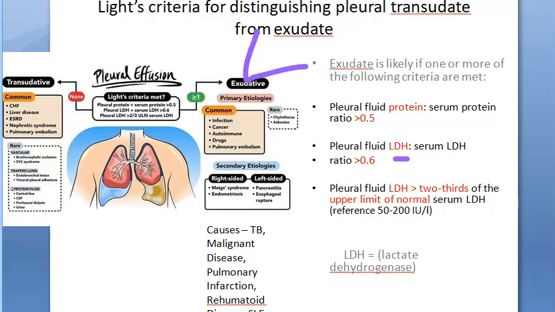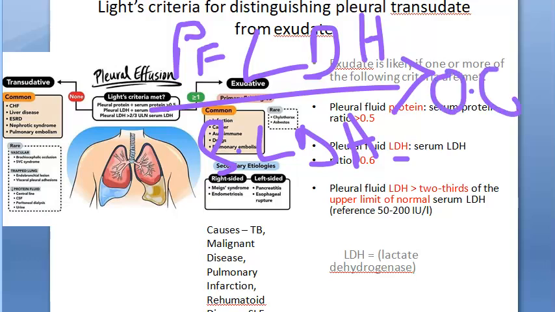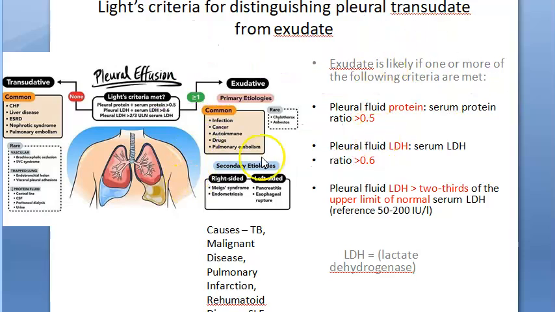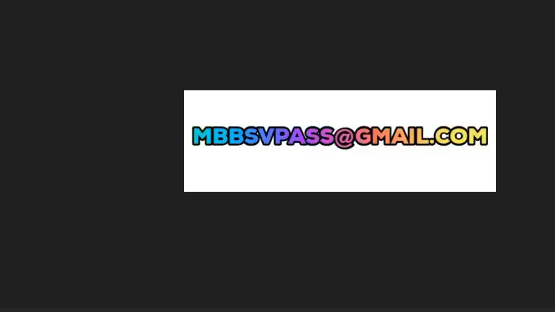Now the LDH, the lactate dehydrogenase. In the pleural fluid, if you divide the LDH by serum LDH and the ratio is greater than 0.6, then again it is exudative. One more criteria is this. That's why it's a 3-mark question, guys. 3 points are there.